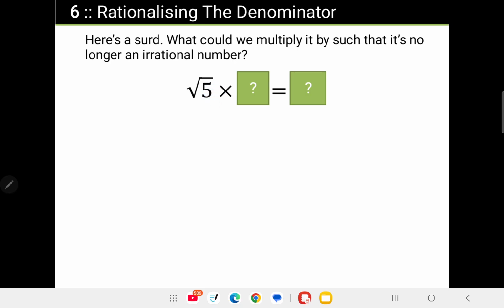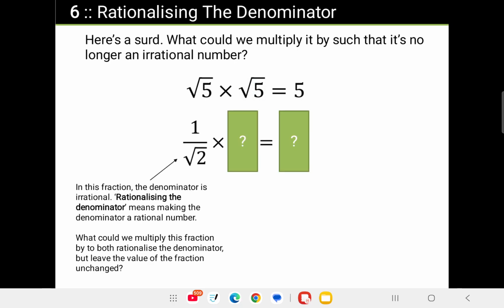So if you times by root 5, root 5 times root 5 is root 25, which is 5, so it's no more irrational. So this is the rational number now. So we should times by root 5 to change this from irrational to rational.